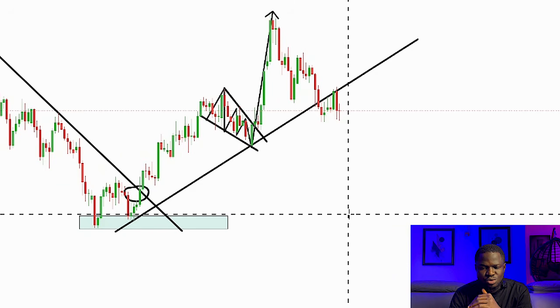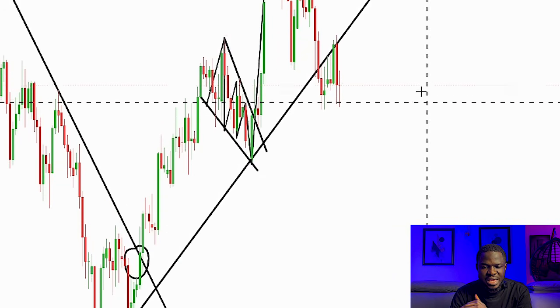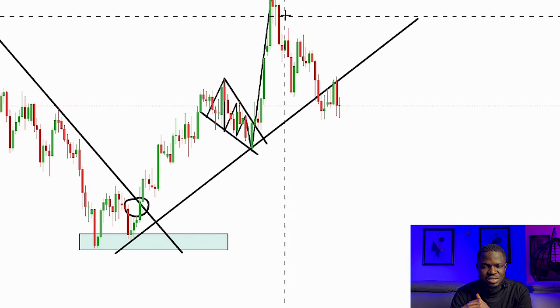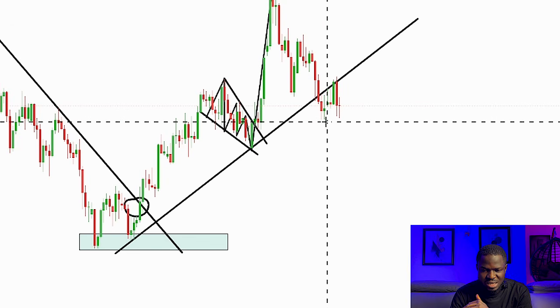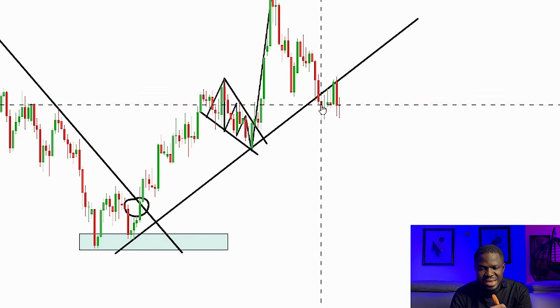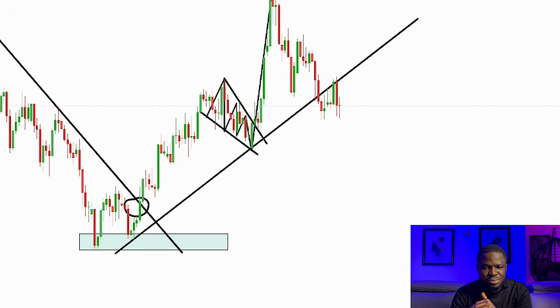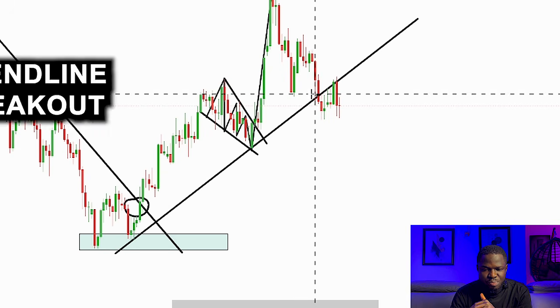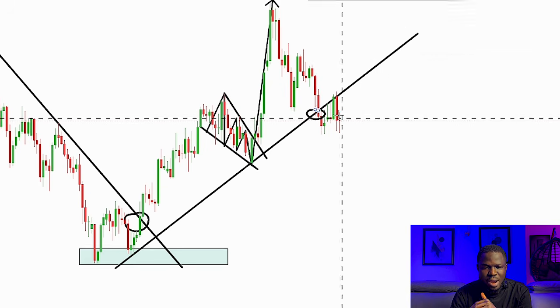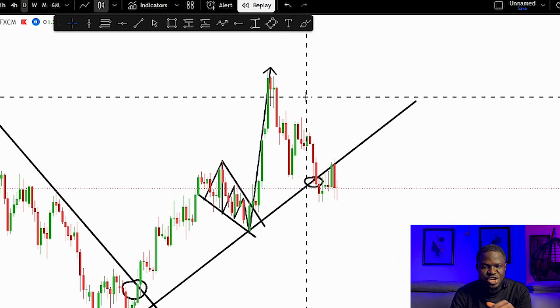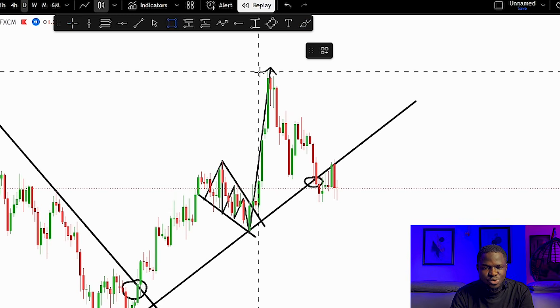And if you pay attention to what happened at the end of the day here, we experienced another breakout to the downside, another trend line breakout, and it happened around these points, right? Whereby the price action created a new resistance zone here.